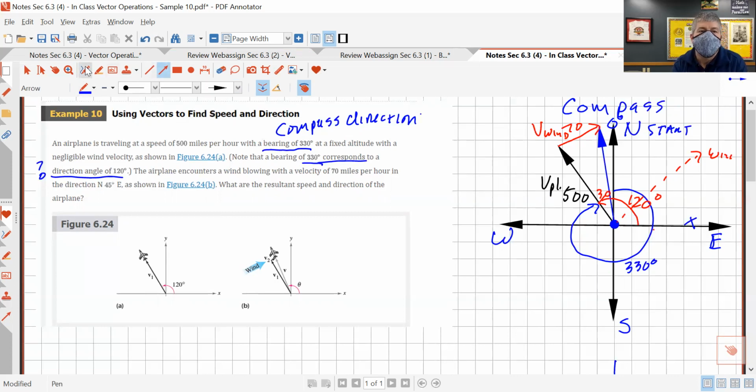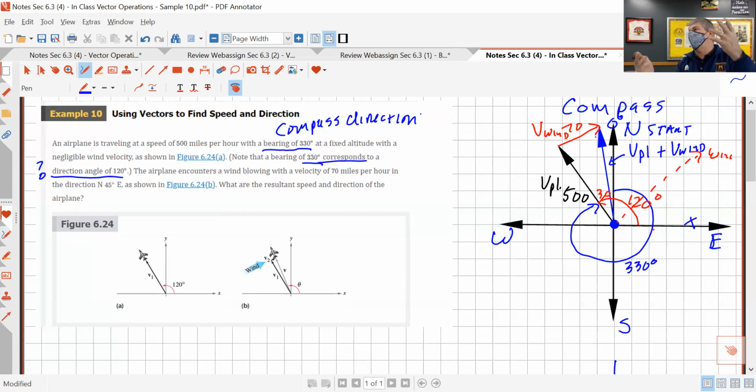Well, the blue one is our vector of our plane plus the vector of the wind. Okay, because the wind is pushing our airplane in that direction, isn't it? To the northeast.